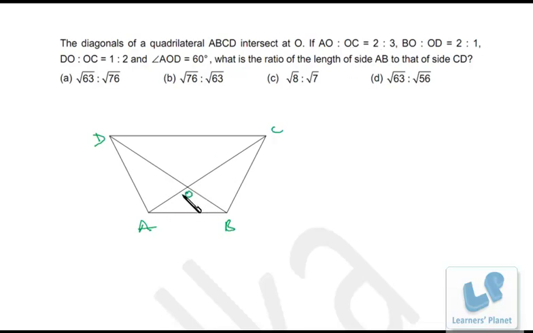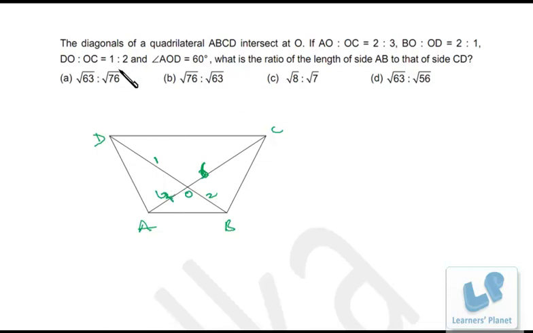BO to OD is 2 is to 1, and DO to OC is 1 is to 2. So precisely OC is a multiple of 3 as well as 2, so I can take OC as 6, right? Now AO is to OC is 2 is to 3, so if OC is 6, AO must be 4, right?